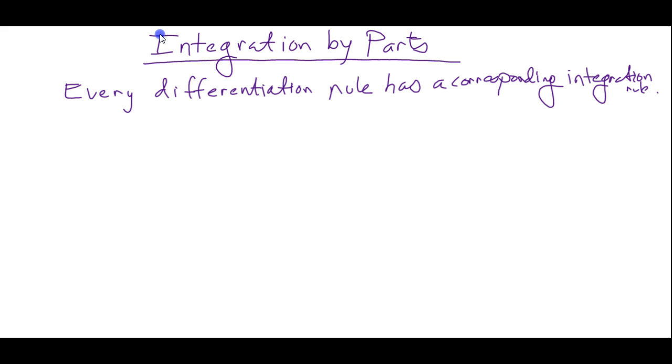For example, the chain rule has a substitution rule, right? It's like number 6 back there. You can substitute, but sometimes you just do it in your head.